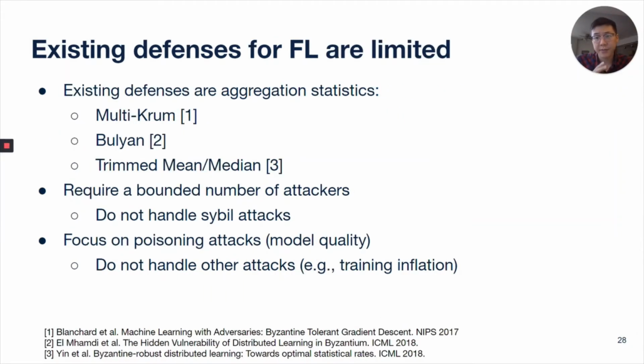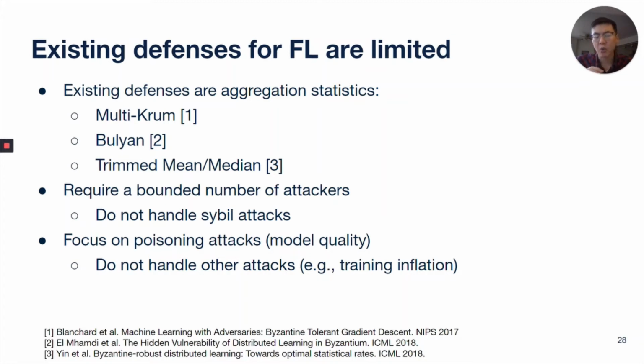Current defenses for federated learning are unable to handle this wide variety of attacks. Existing defenses for federated learning, such as Multi-Krum, Bulyan, or the trimmed mean and median, are essentially aggregation or summary statistics. They all make the assumption that some summarizing statistic is the best estimator of benign behavior in a federated learning system.